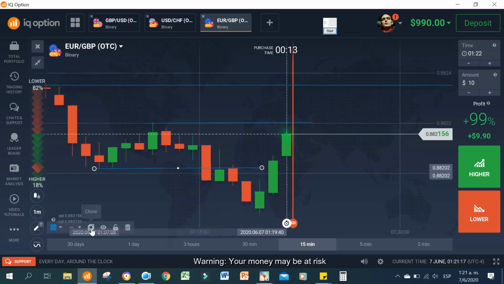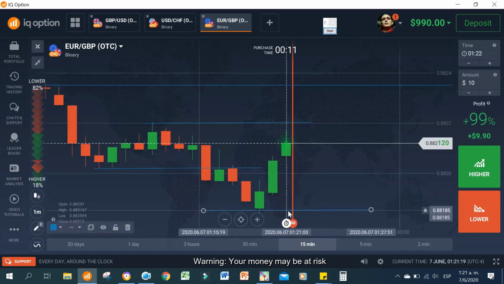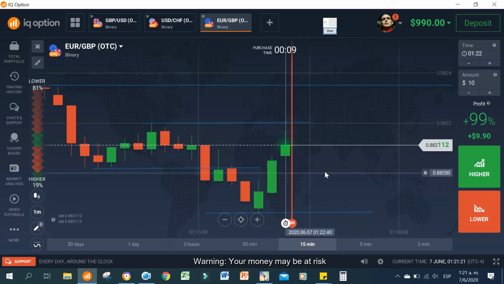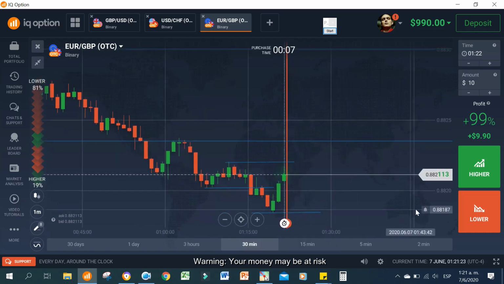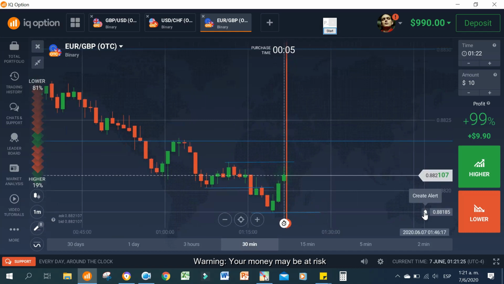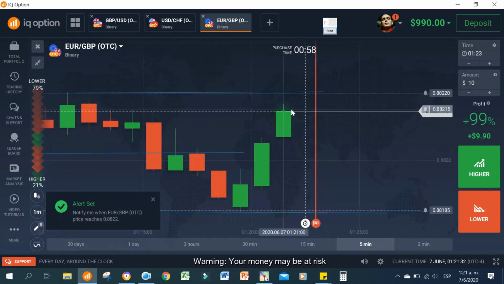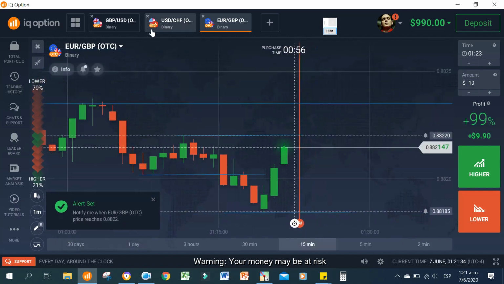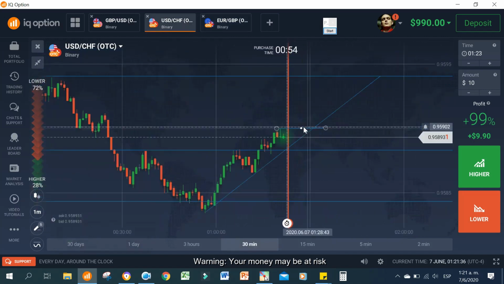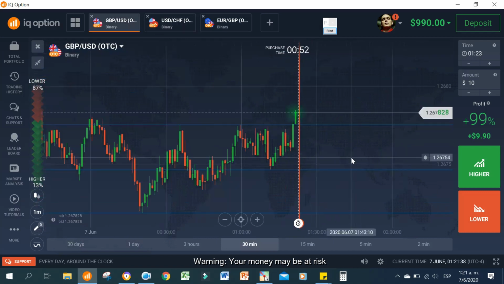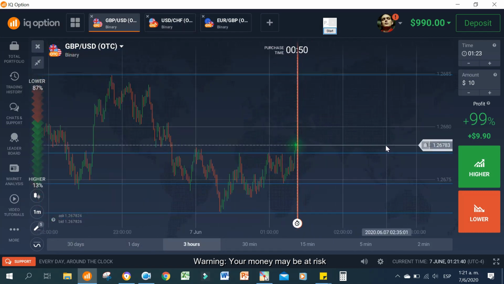You can see here that the price made another low, so we need to put a support level. Let me also put an alert here on this resistance level. Something else that we can do is, okay, here we go.